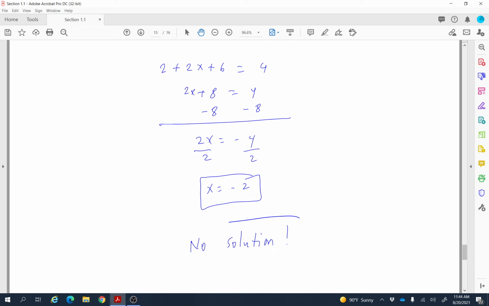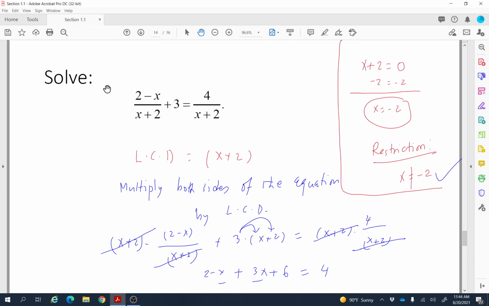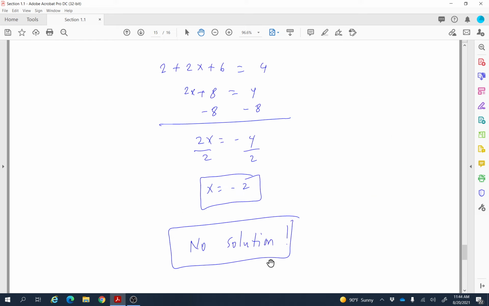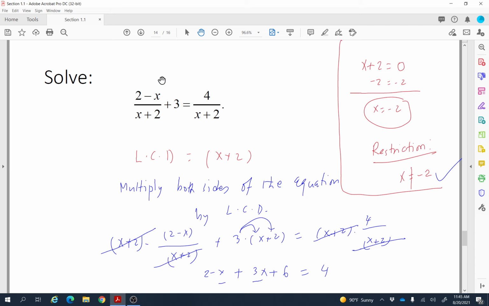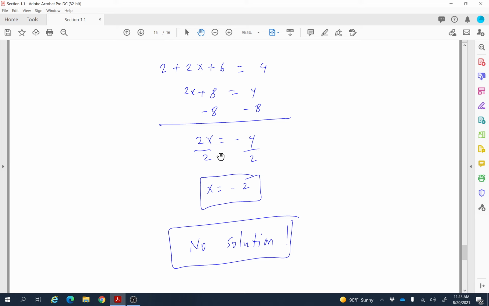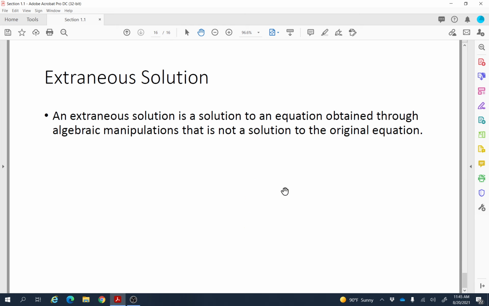Sometimes we get a solution like this by modifying the original equation. In this case, we multiplied both sides by the LCD and modified the equation to this one, and we found a solution, but it is actually not acceptable. So we can say there is no solution. If we find a solution by modifying the equation and we cannot accept it, this kind of solution is called an extraneous solution.